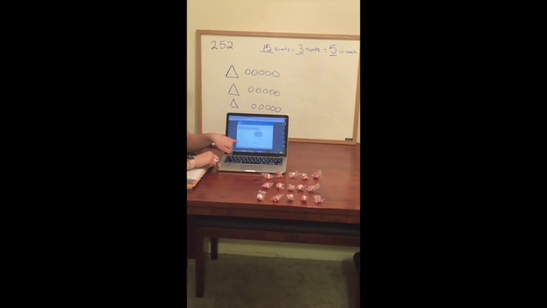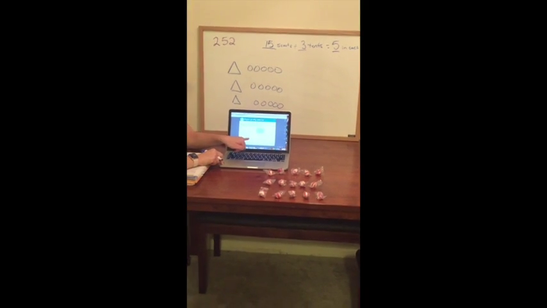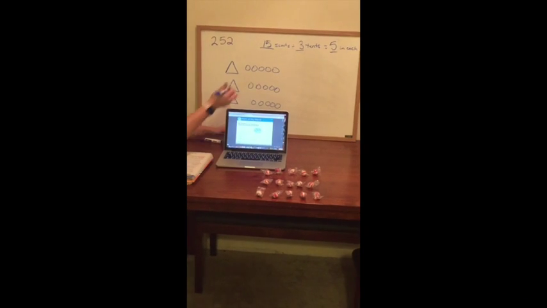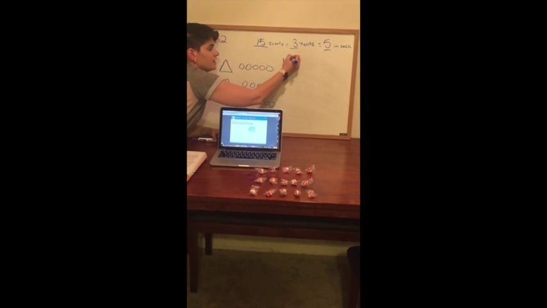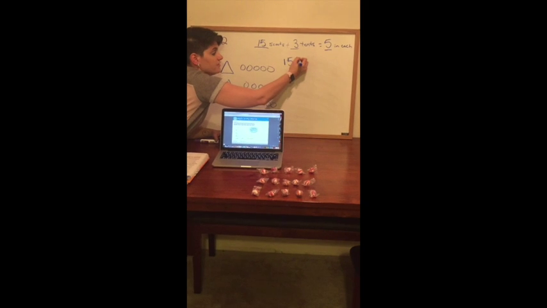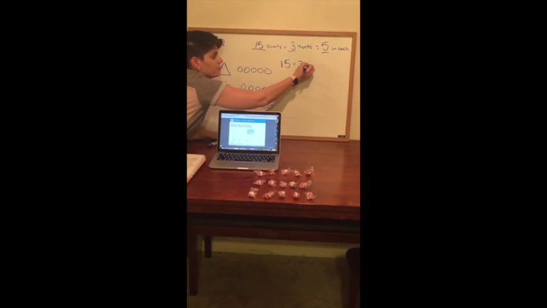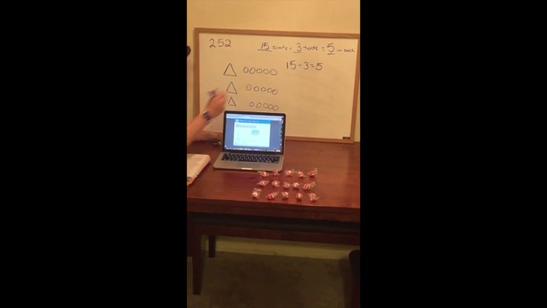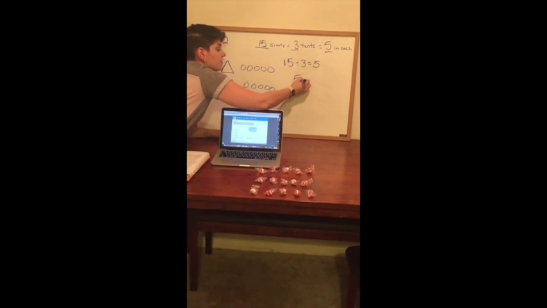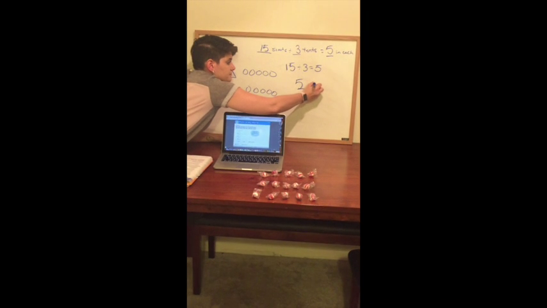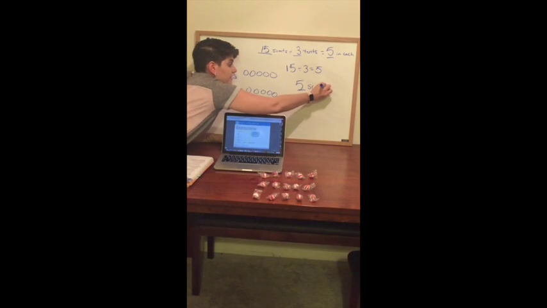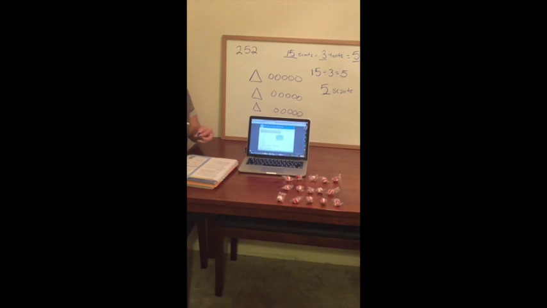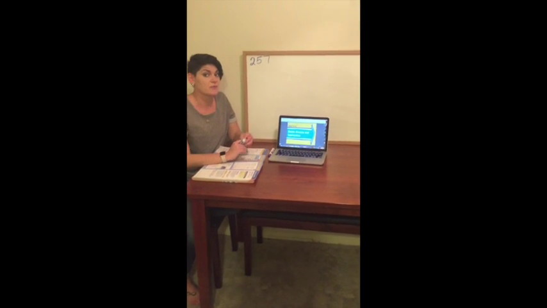So we should have 15, 3, and 5. That also means that 15 divided by 3 equals 5. There will be 5 scouts in each tent.